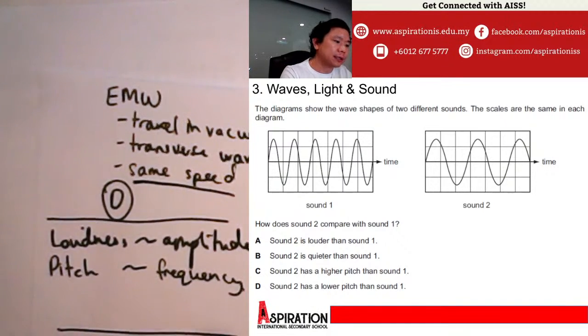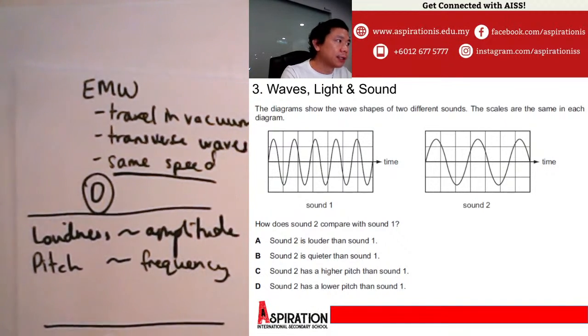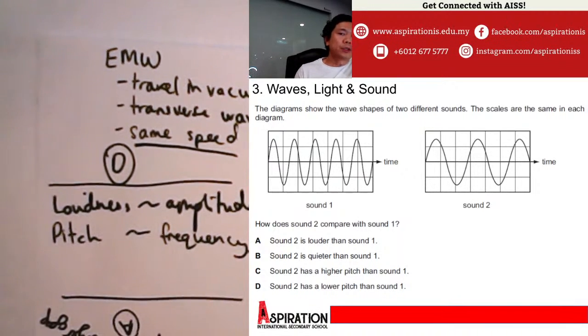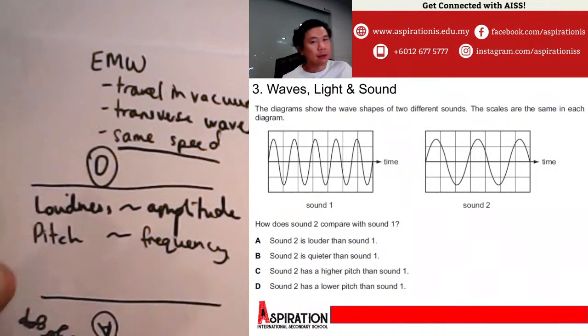So looking at this question, which is the same, the amplitude or the frequency?